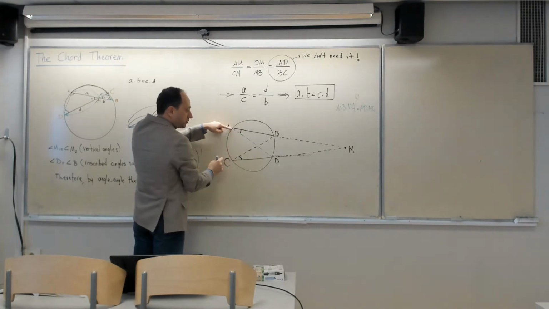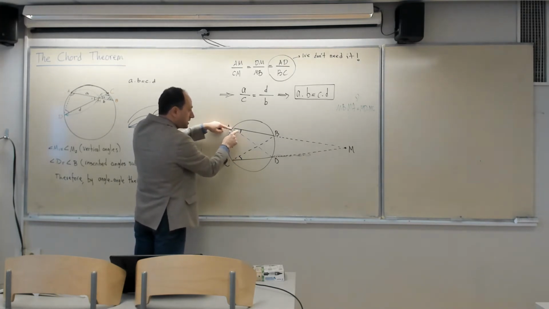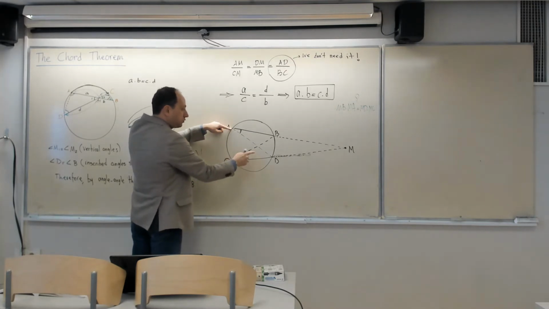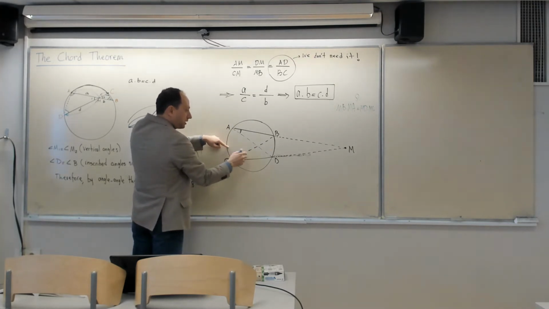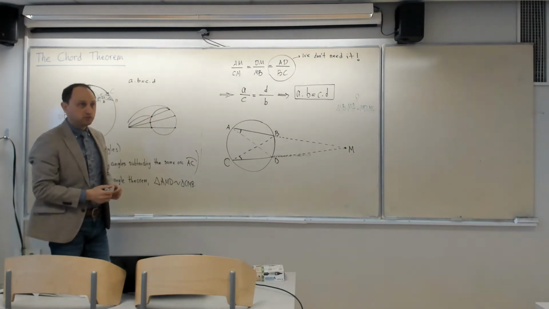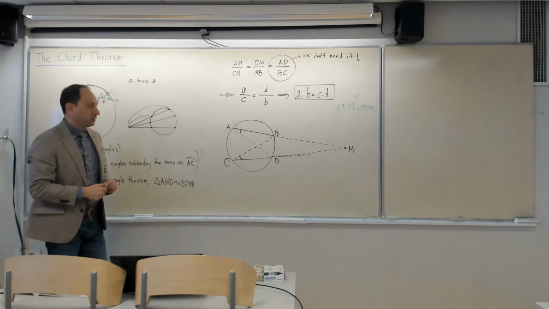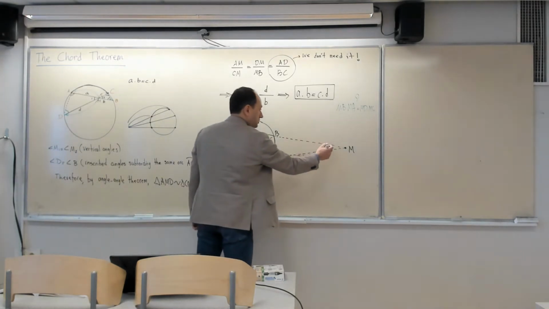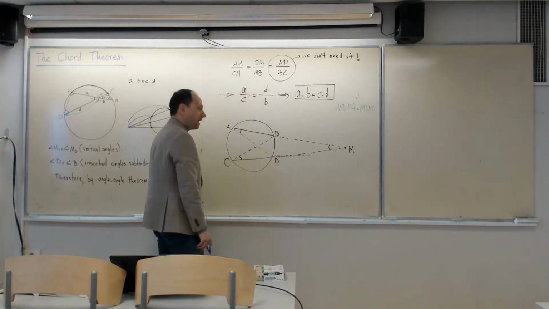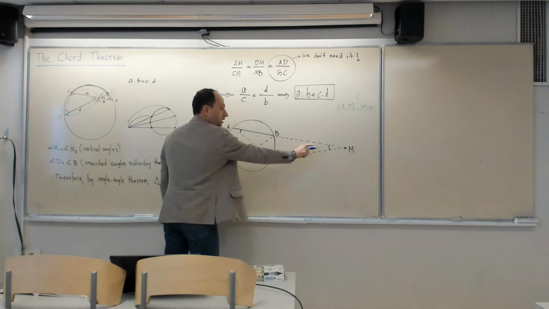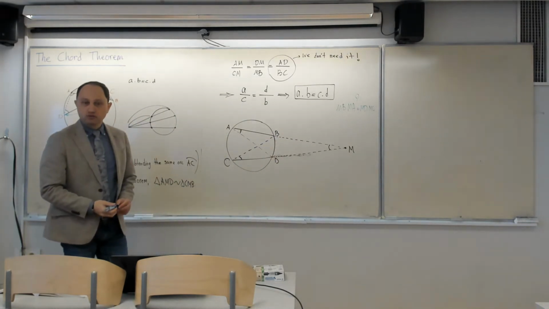If I ask you what is the arc subtended by this, you will show me this arc. And if I ask you what is the arc subtended by this one, you again show me the same thing. So they are equal, yes, but that is not enough. And also angle M is completely in common. Angle M serves as an angle for this triangle as well as this triangle. And that is enough. These two triangles are similar.